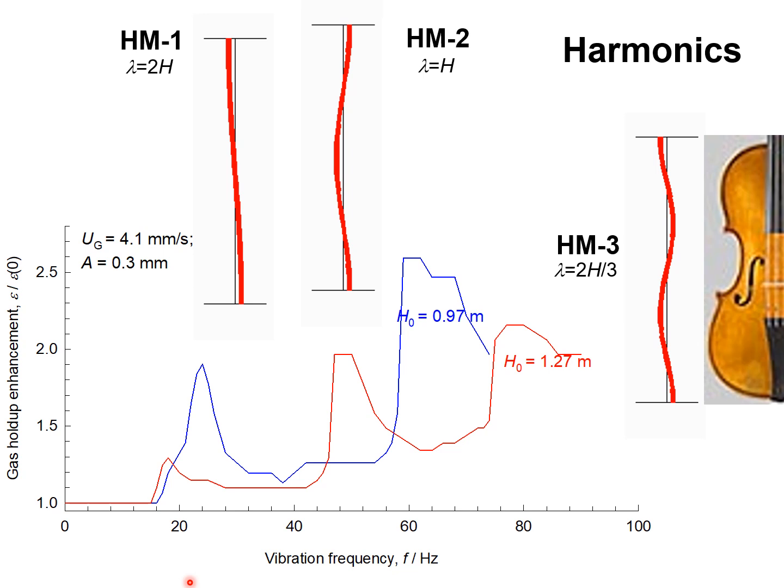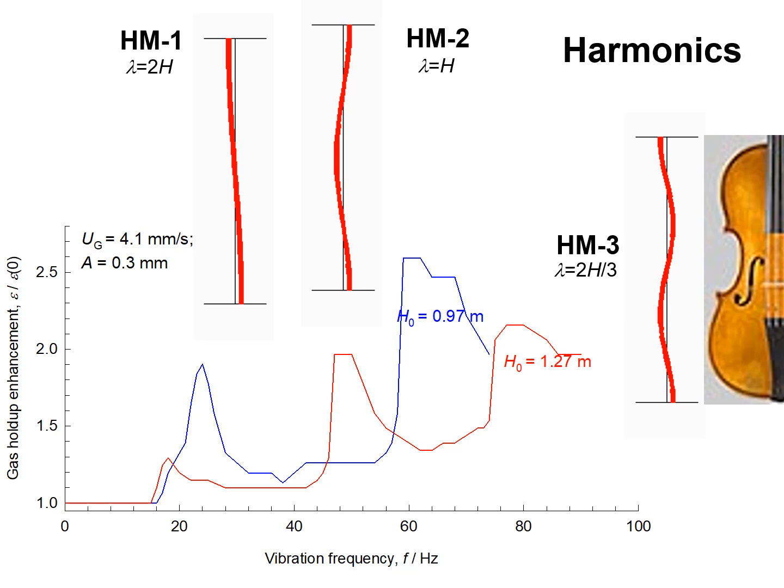I would like to demonstrate in the subsequent slides that these maxima in the gas holdup enhancement correspond to different harmonic modes of bubble column operation. The first maximum corresponds to this harmonic mode of operation.